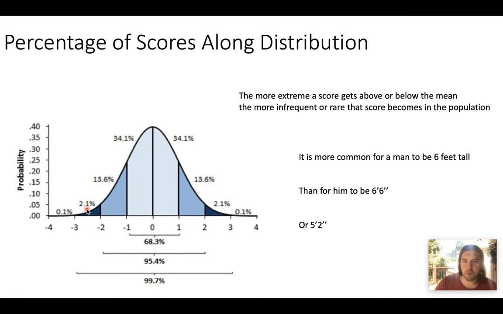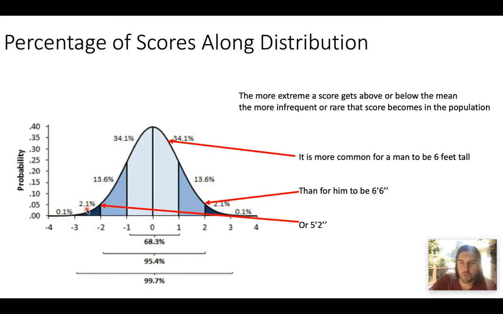Okay, so we can start asking questions. Remember, the whole purpose here is to ask questions about extremity because we are convinced by extreme results. So now suddenly we can start answering questions about extremity. Is it more common for a man to be 6 feet tall and fall roughly here on the curve, or to be 6'6" or 5'2"?